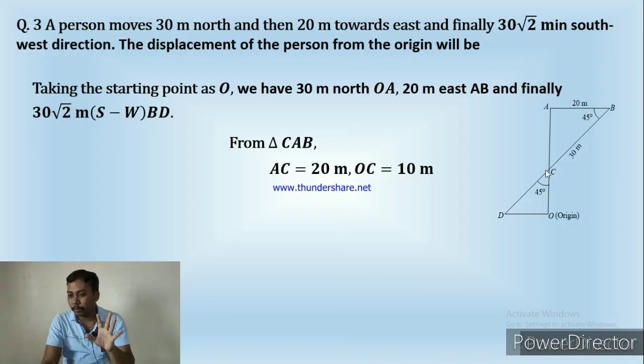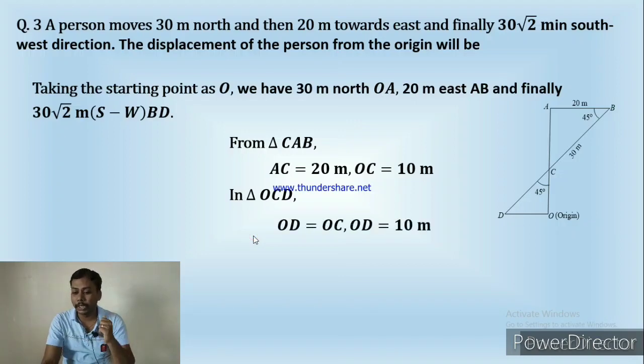If AC is 20 and OA is 30, then OA is equal to AC plus OC, so OC is 10 meter. Again in triangle OCD, this is also a right angle triangle, C and D are both 45, so again opposite sides are equal. OC is 10, then OD is also 10 meter.